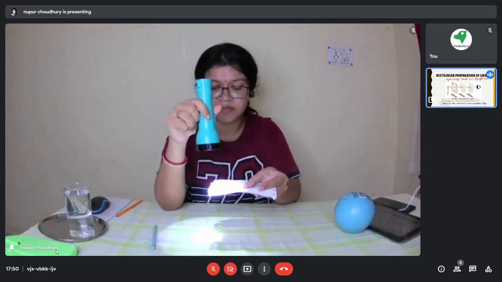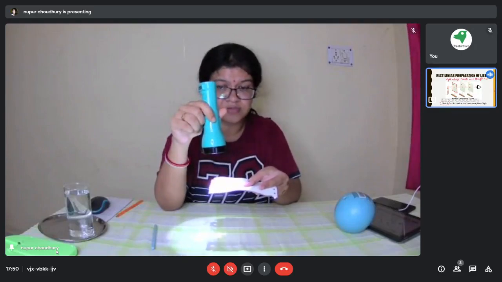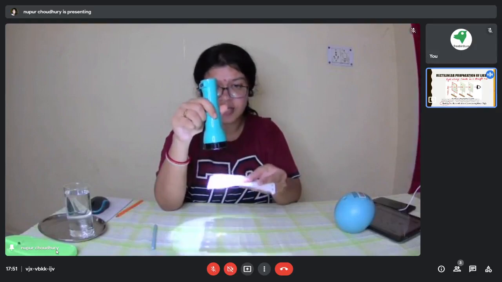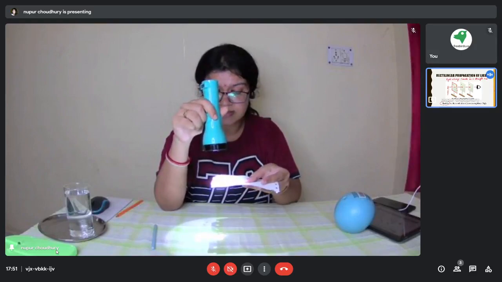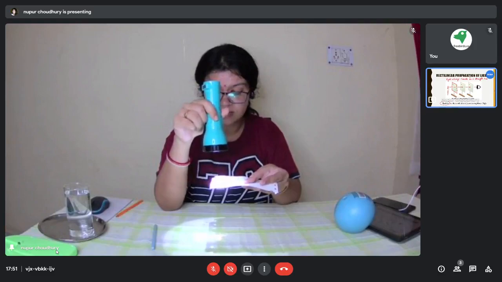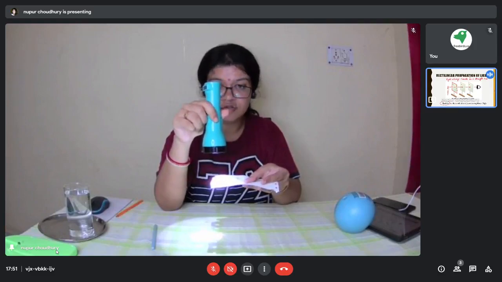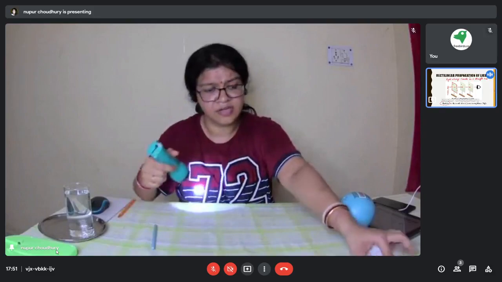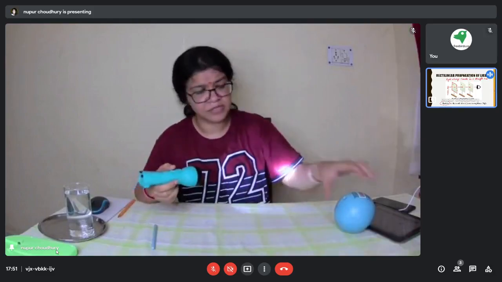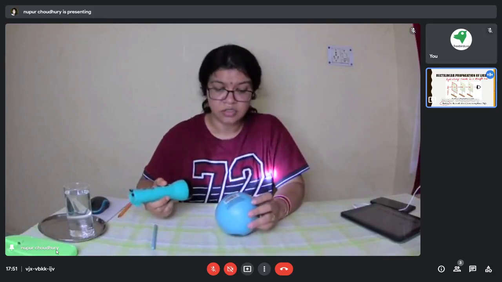If you try this experiment at your house, you will be able to get the result. You will see that the shadow of the paper is here, but the light is successfully passing through the holes, so it is not getting blocked anywhere. This is a very interesting experiment that you can do with shadows.